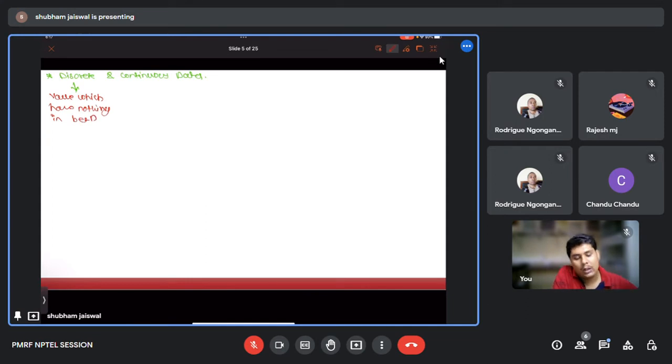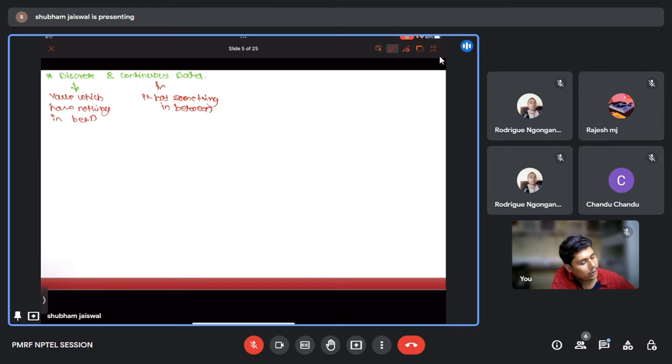Okay. And the continuous data is continuous, meaning it has something in between. Like the number of customers, if we are talking about, it can't be continuous. It can be discrete, like 2, 4, like that we will get.